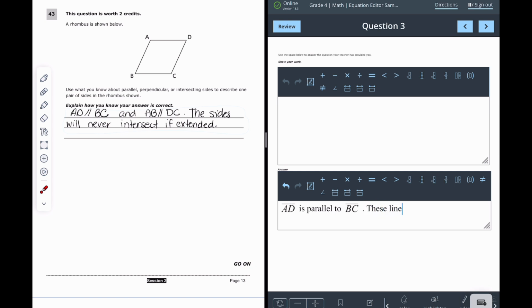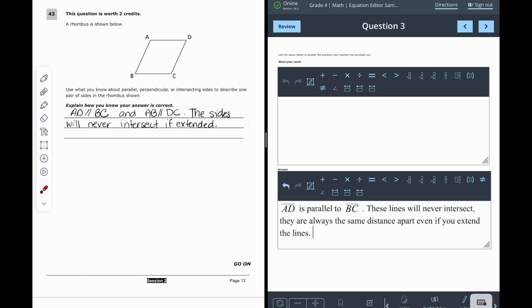These lines will never intersect. They are always the same distance apart, even if you extend the lines. And done. That's all they were looking for.